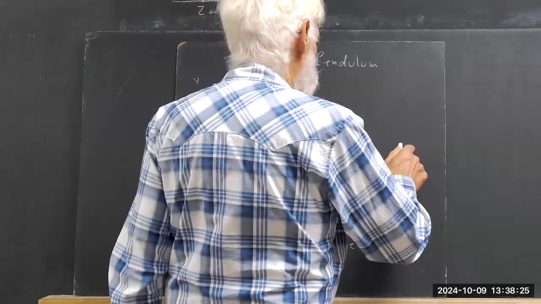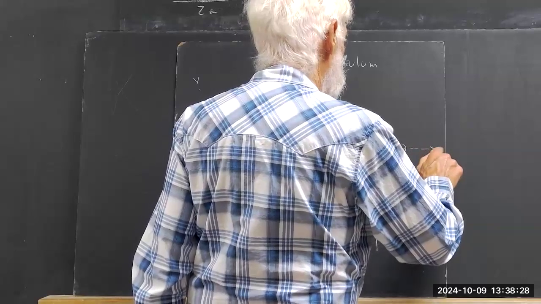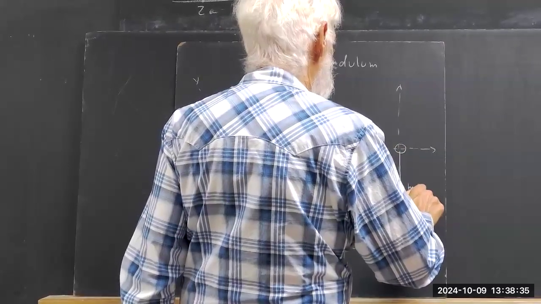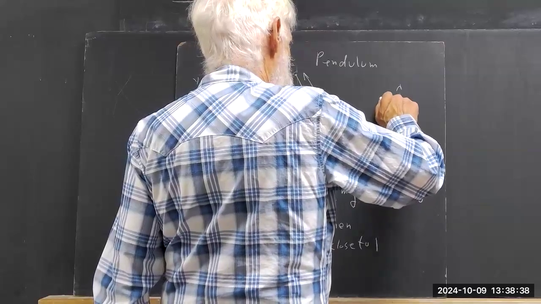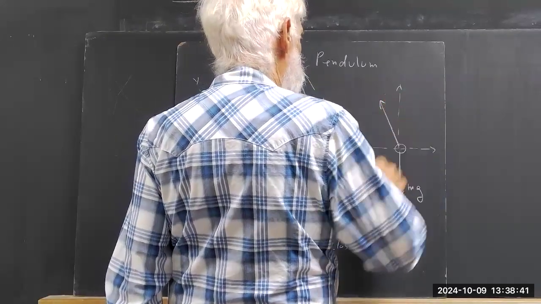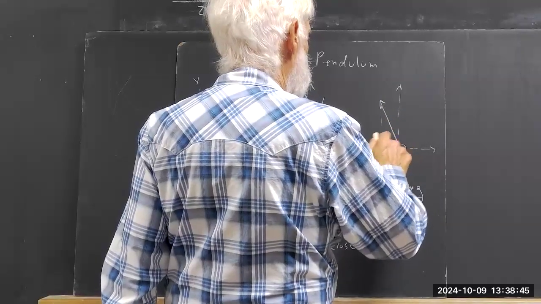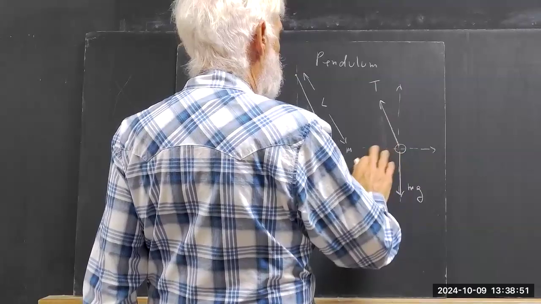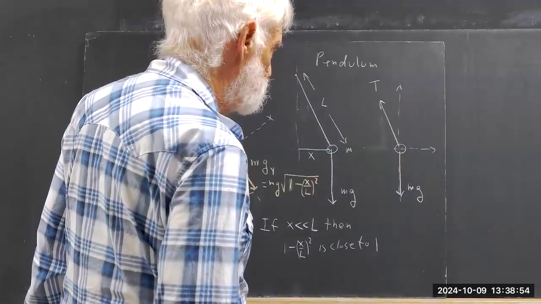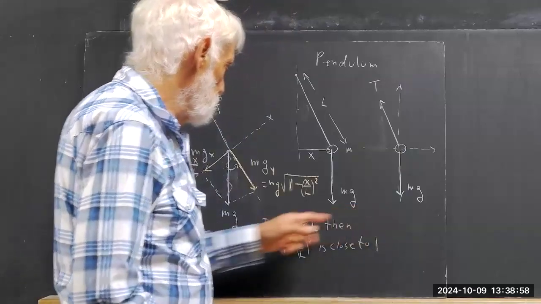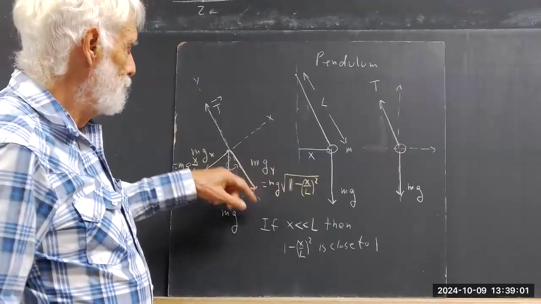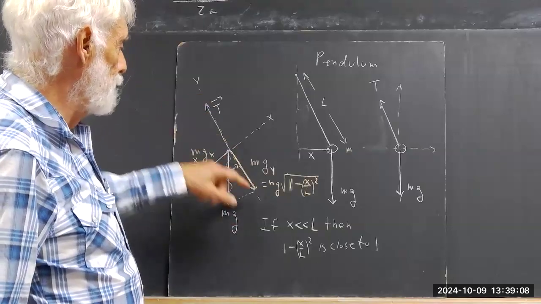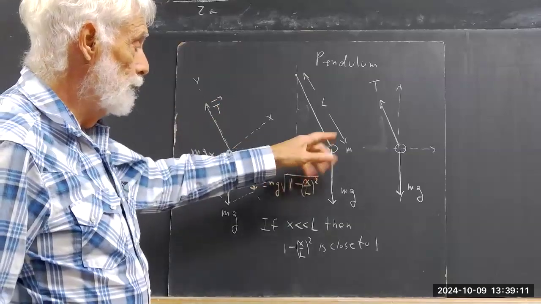If we analyze it as usually analyzed with mg vertical and the tension, then we can pretty much say that the y component of the tension is pretty much equal and opposite to mg, because things are in equilibrium.